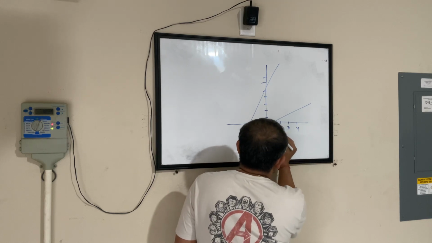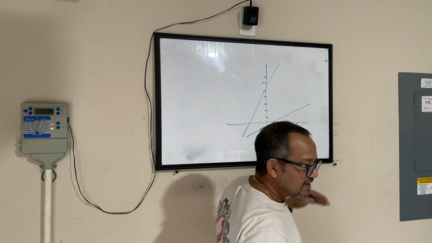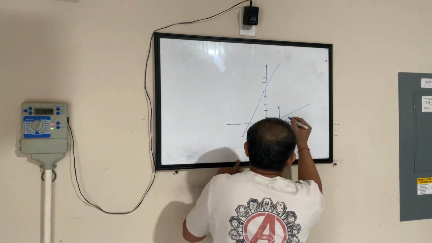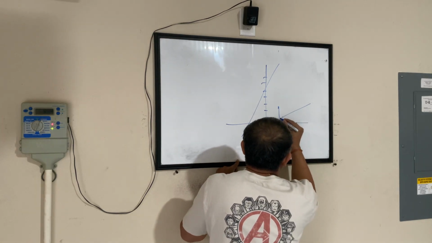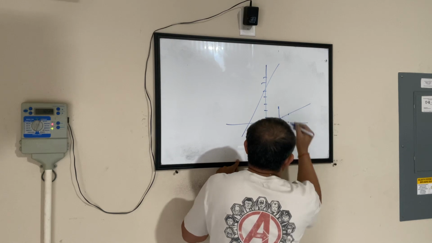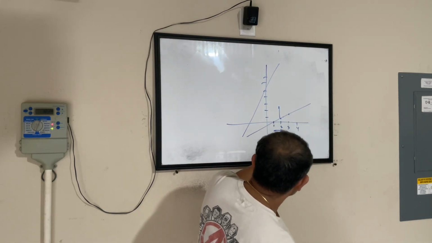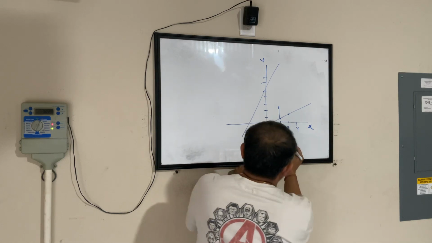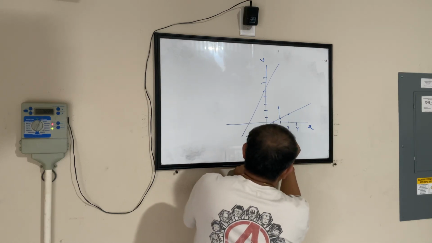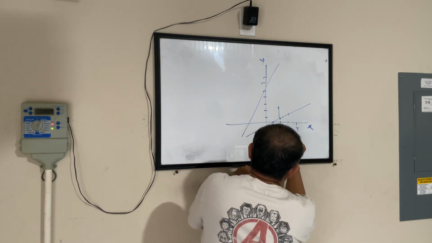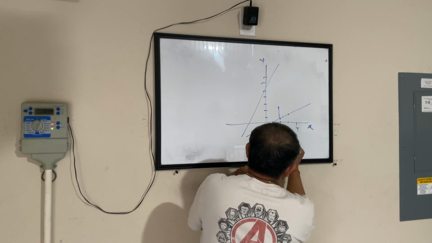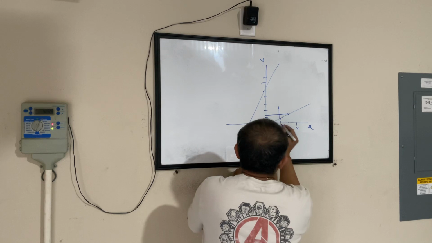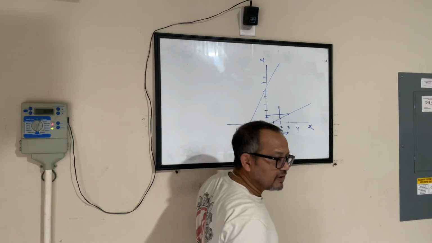Now here in this case, when the slope is less, if you look at the y coordinate of this point and the y coordinate of this point, when x changes, this is my x-axis, this is my y-axis. Look at this. When the x value changed from 2 to 3, it changed by 1 unit. How much did y change? It changed from 1 to probably 1.25 or 1.3.